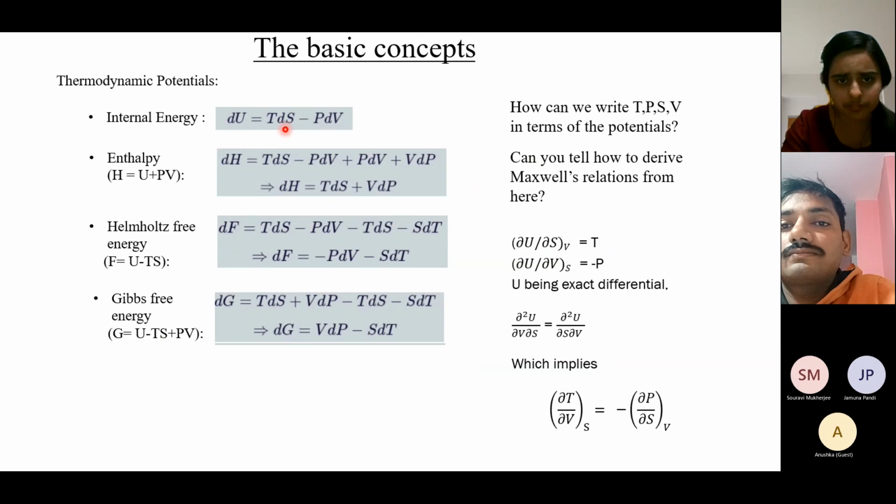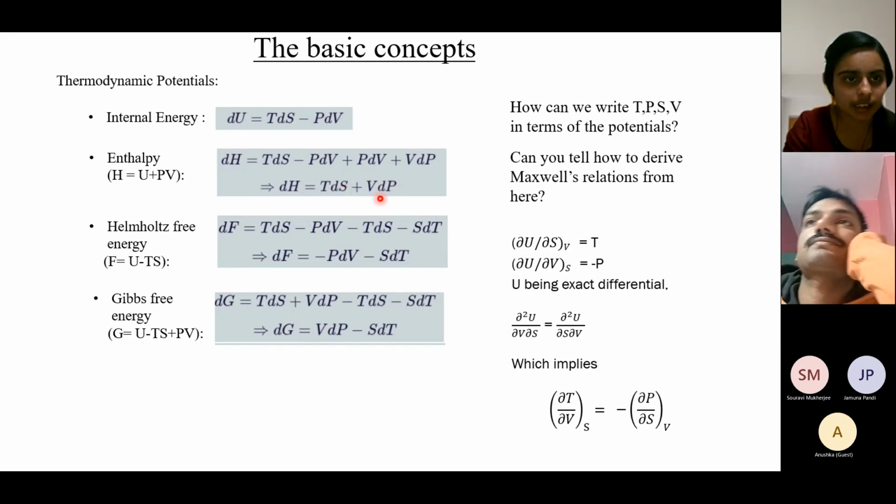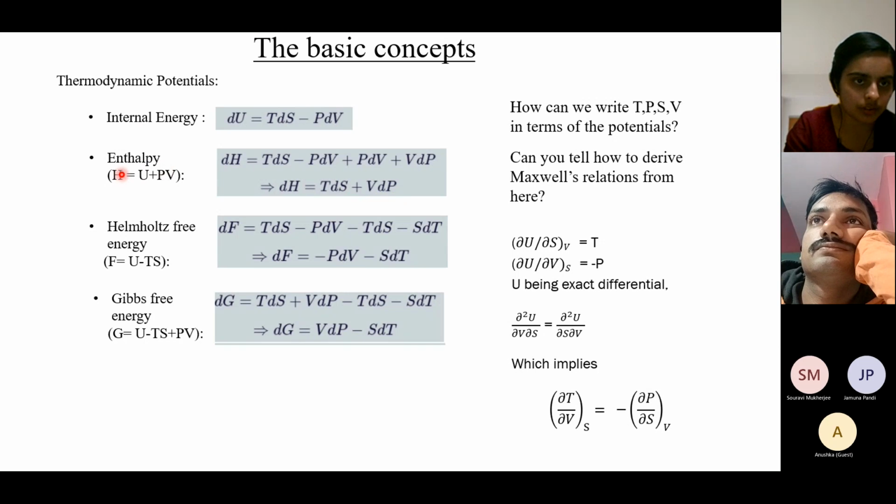Then when you define the system, say you want to describe a system in terms of entropy and pressure only, whereas here the variables are entropy and volume, then you have to use enthalpy. So if you remember this, you can very easily find this.